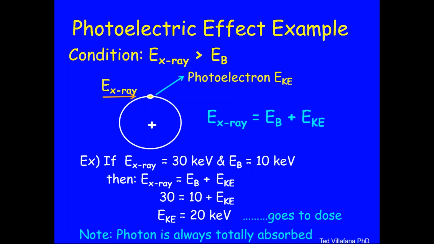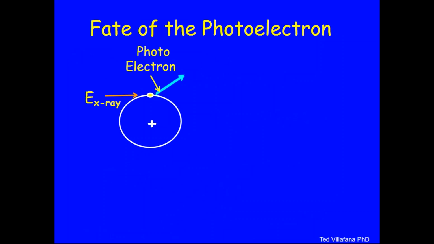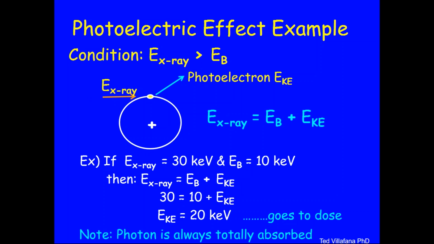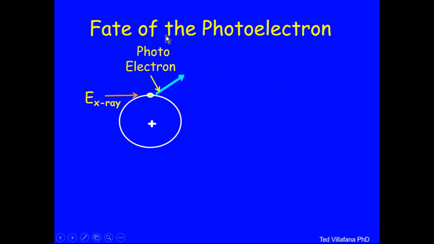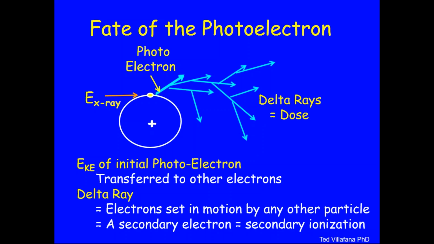All of the energy goes into the act of knocking out the electron, producing the ionization, and imparting energy to that electron, which, by the way, we call a photoelectron. A photoelectron is an electron set in motion by the photoelectric effect. And we've already said, and I just want to emphasize again, that that electron will go to patient dose.